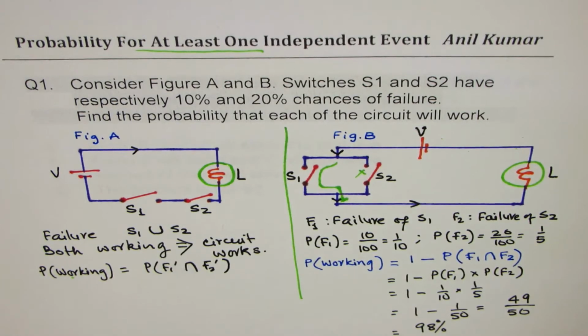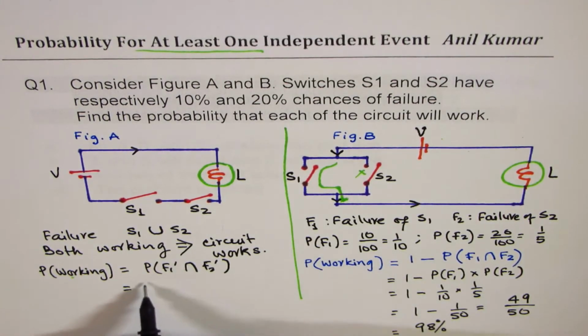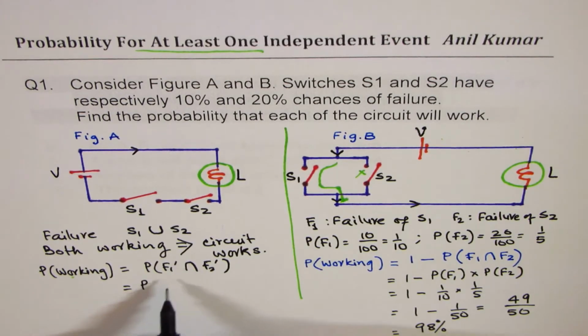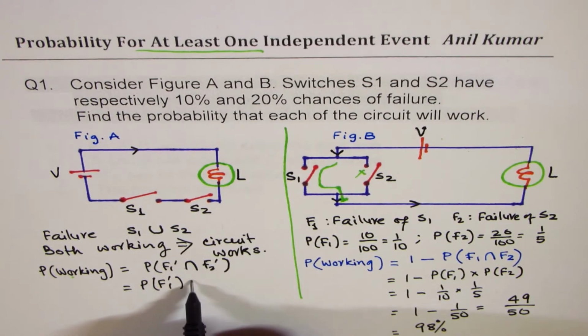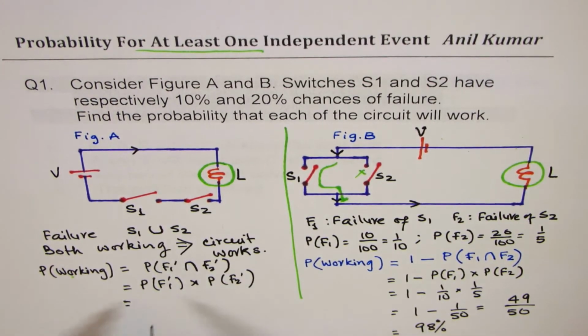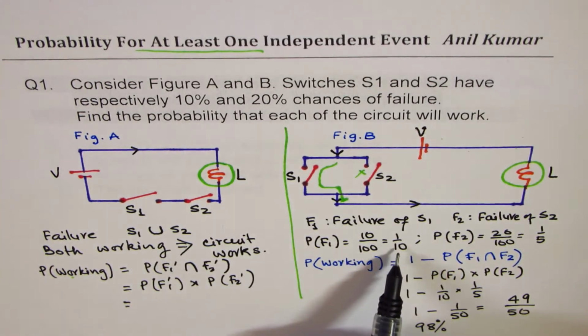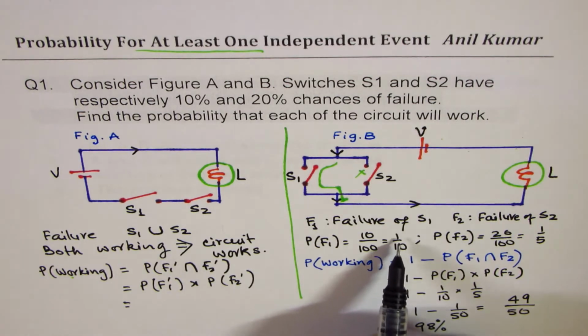Okay. Now failing is 1 over 10, so we could actually go for, these are independent events, so we could write this as not failing of first one times probability of not failing of the second one, and the probability of not failing is 1 minus 1 over 10, which is 9 over 10, right?